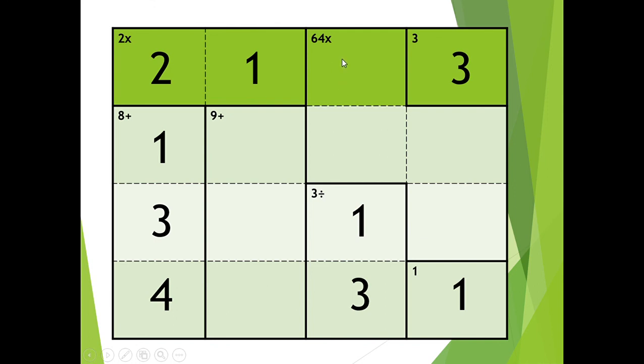So, since ang number na ato pilian is si 1, si 2, si 3, o si 4, ibutang nato si 4. Sa taas, kay 2, 1, 3. So, si 4 diha sa taas. Sunod, ibutang nato si 1. Wala? So, si 2 diha.